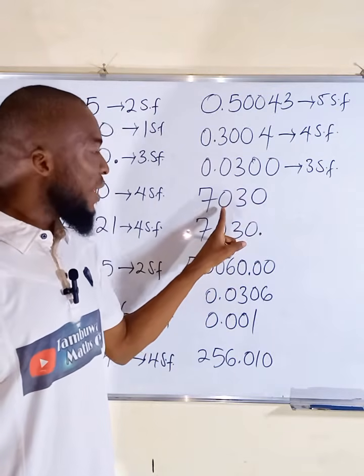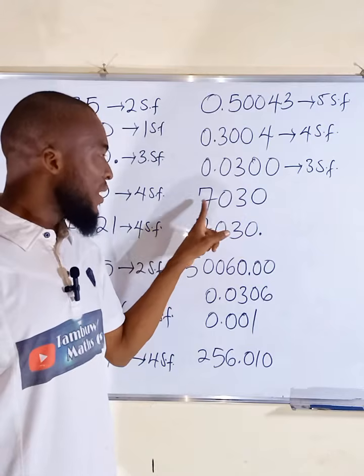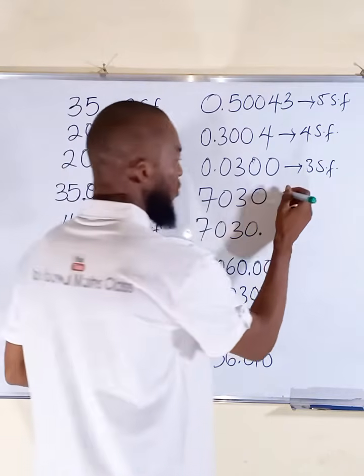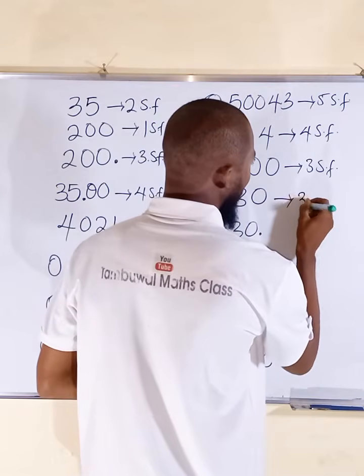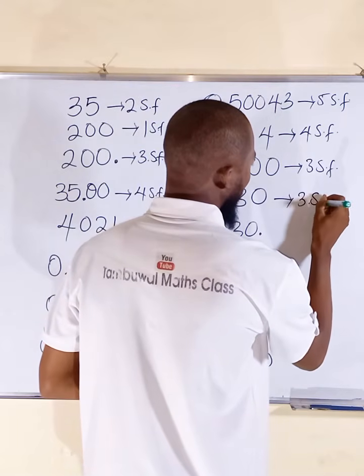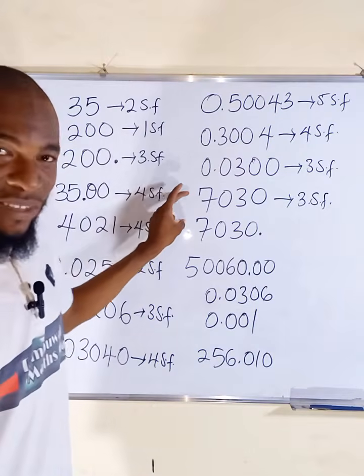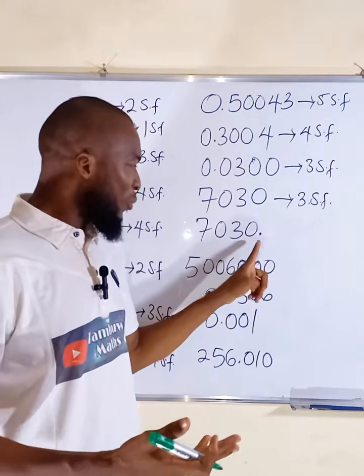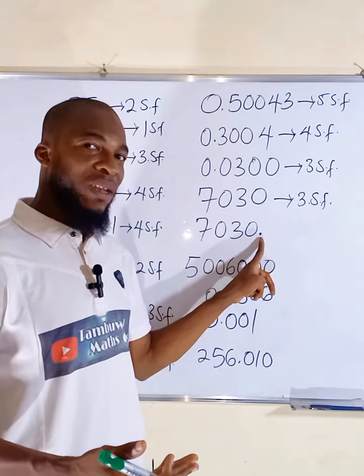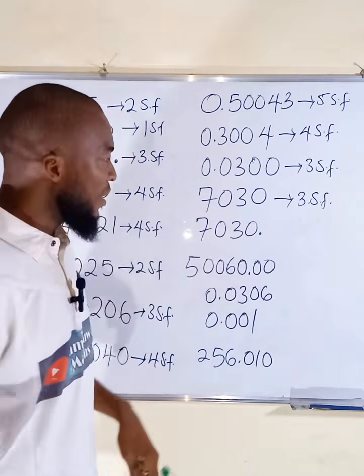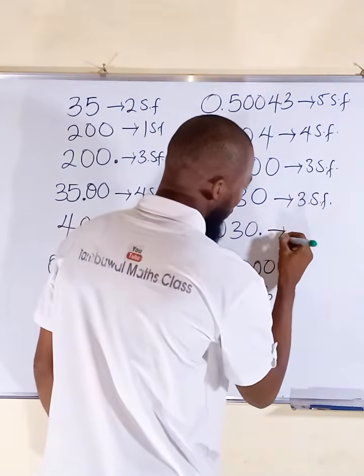We only have a middle zero which is significant, then our natural numbers, 1, 2, 3. So this number has 3 significant figures. But look at these numbers, they are exactly the same, right? The same weight. But this one contains a decimal at the end. Therefore, we are going to consider the trailing zero as significant, making 4 of them.